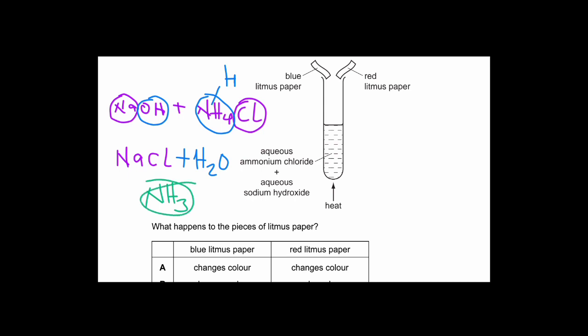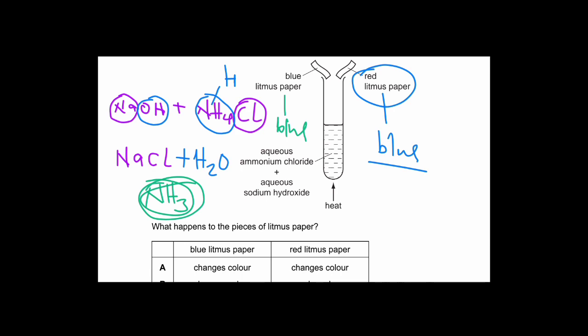What happens to these papers? We have this gas, which is ammonia. Ammonia is not going to cause this blue litmus paper to change because it is already blue. So this will remain blue. And then this substance which is red is the one that is going to change to blue.